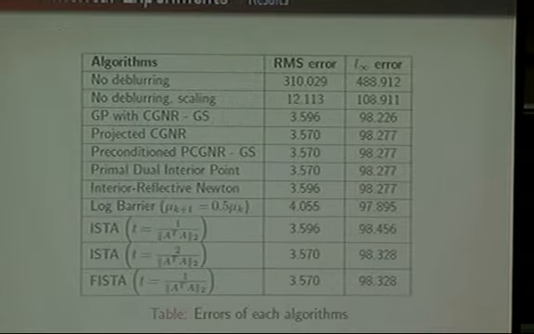This is the errors, root mean square and maximum error, and if you take the scaling, this is the root mean square.